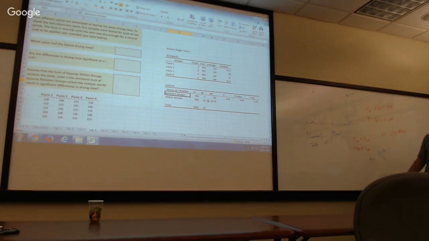And we need our F to be greater than the critical value, so we need our F to be over 3.24. So we have to increase this number.